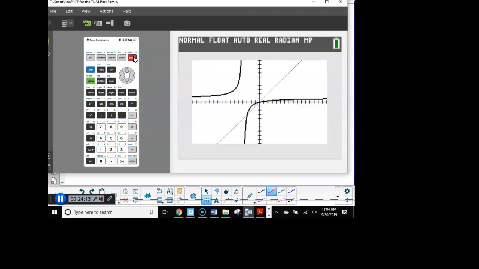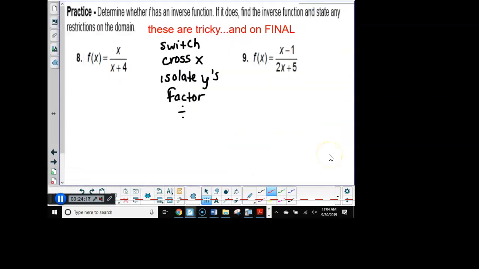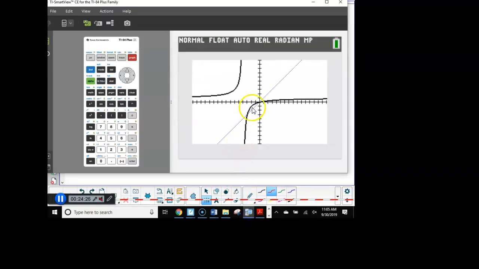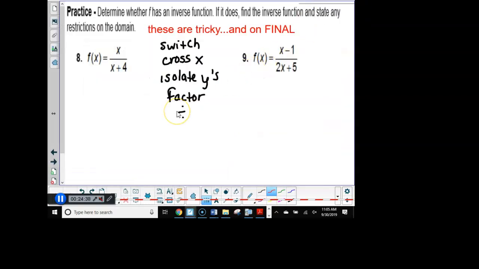And it passes the line test, yes? It passes the horizontal line test. It gets closer and closer to an asymptote, but it does pass. All right, so we're going to switch the x's and y's.